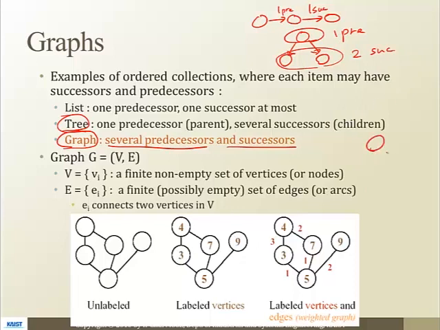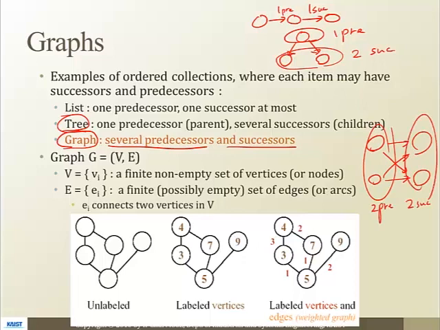However, in graph structures, for example, which look like this, in this case we have multiple predecessors and multiple successors. So these graph structures are not like a tree, but like this one. Okay.